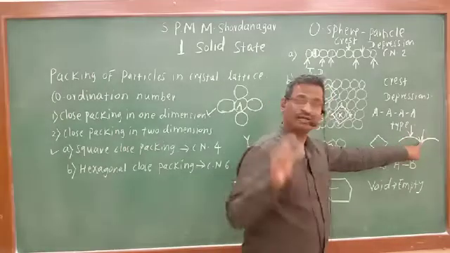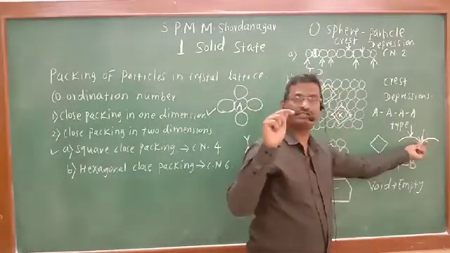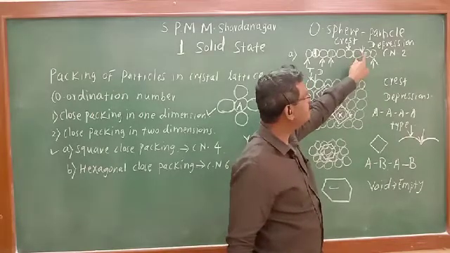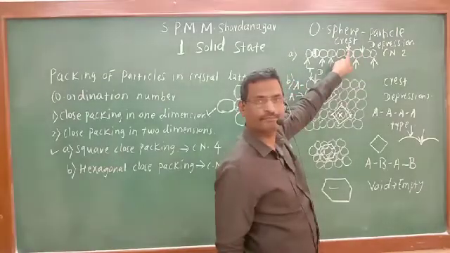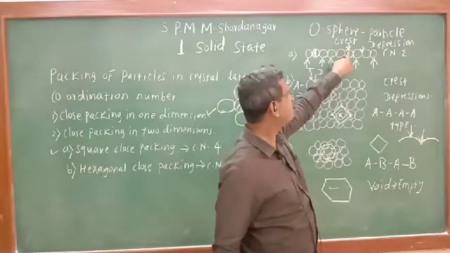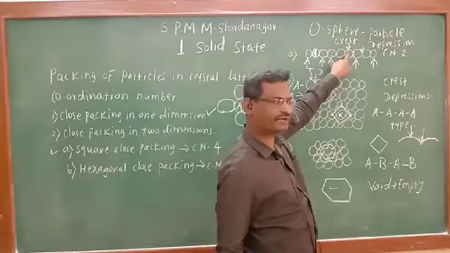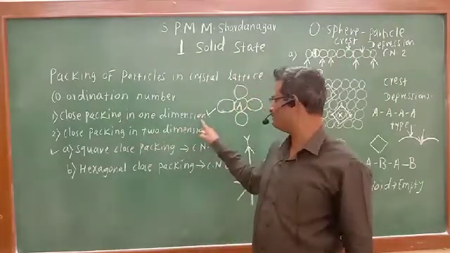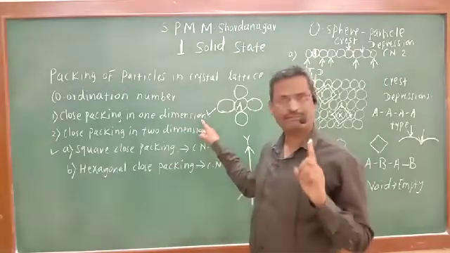And a depression is the part where 2 spheres are in touch with each other like this. So this is a depression where 2 spheres touch each other, and a crest is the part where the sphere has a separate appearance, not in touch with the other sphere. So this is about close packing in one dimension, where the coordination number is 2, or 1 for the last and first particle.